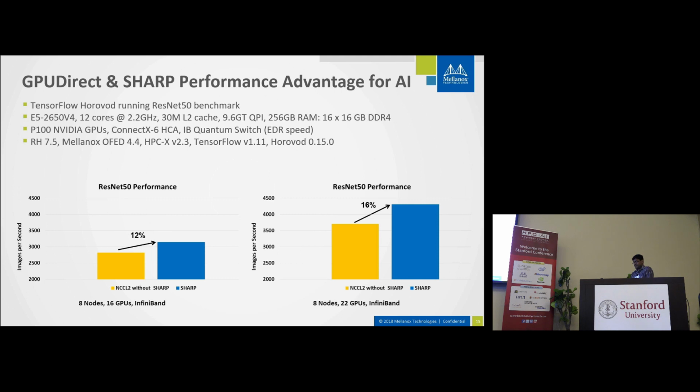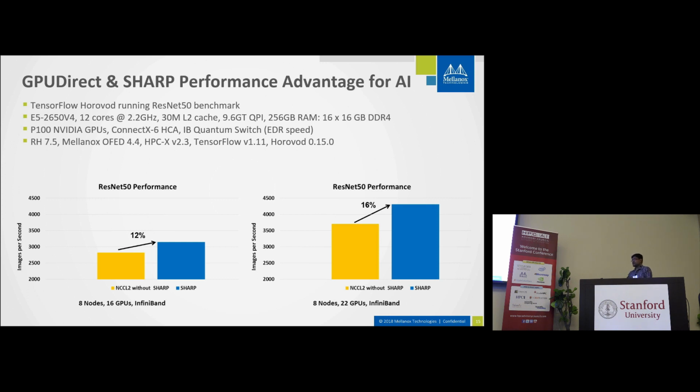We compared NCCL versus SHARP here. We can see that at the scale of 16 GPUs, we already see a 12% increase in performance. At 32 GPUs, we got 16%.